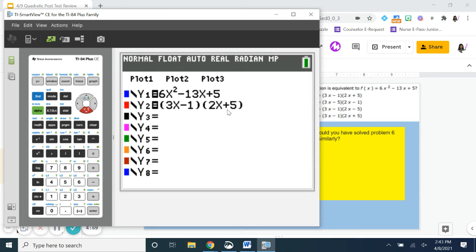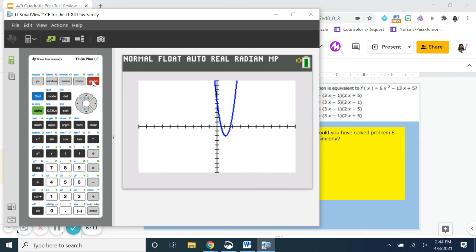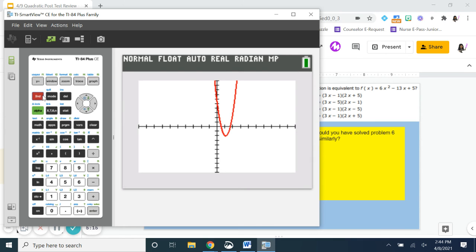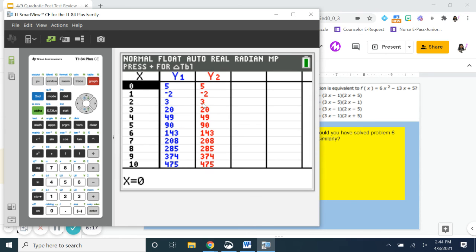And let's see, B was 3x minus 5, and that was 2x minus 1. And if I look at the graph, those were really right on top of each other. And look at the table. Yep. Those y's, they're all the same.